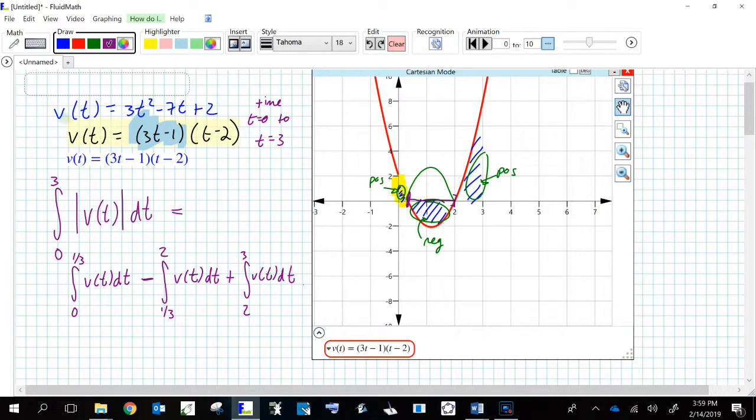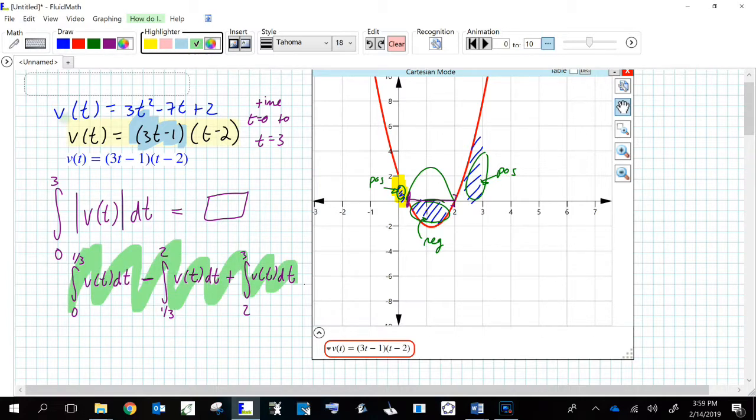So hopefully that brings a little bit of clarity to you on how these WebAssign things work when it comes to net distance versus total distance traveled. And WebAssign's picky, so it's not going to take the decimal answer that you're going to get here and give you credit. You need to actually find it by hand. And this is the process here of how to go about finding what the total distance traveled is by hand.